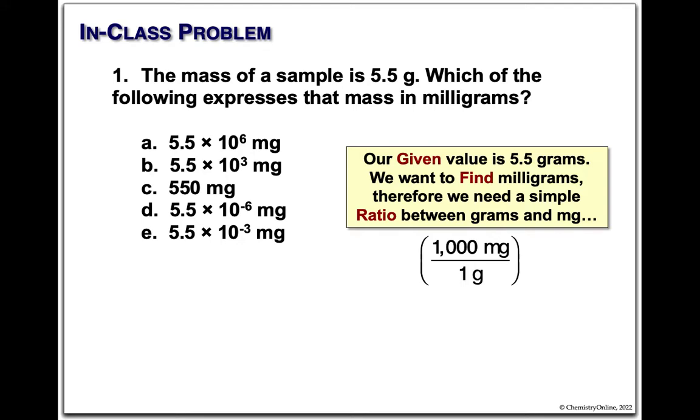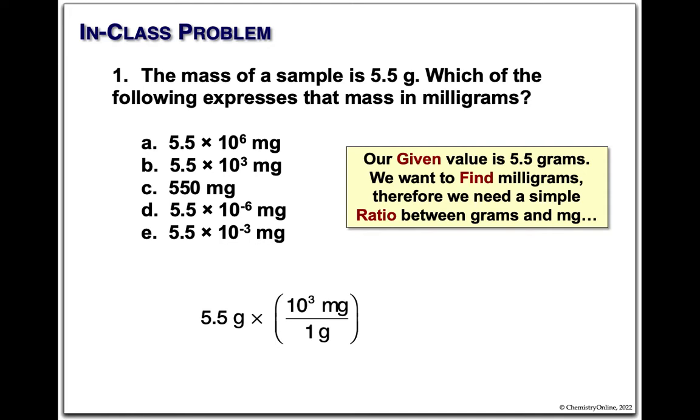So we start off with our given. Going to multiply it by a ratio. Grams will cancel. 5 times 10 to the third. And there it is.